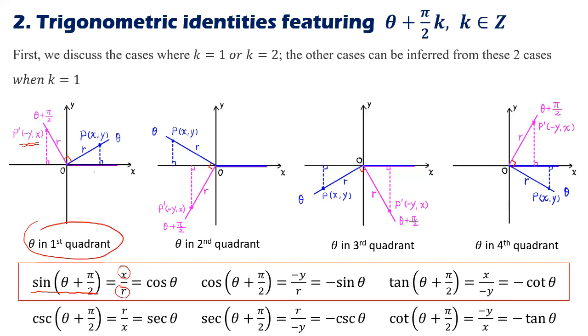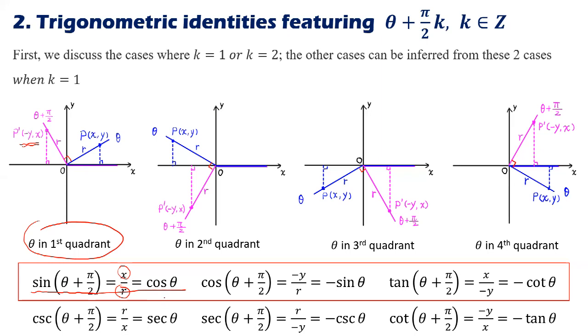And note that in the original angle theta, x over r happens to be cosine theta, right? Because by definition, cosine theta is the x coordinate x over distance r, right? So in this way, we can prove that sine theta plus half pi equals cosine theta.